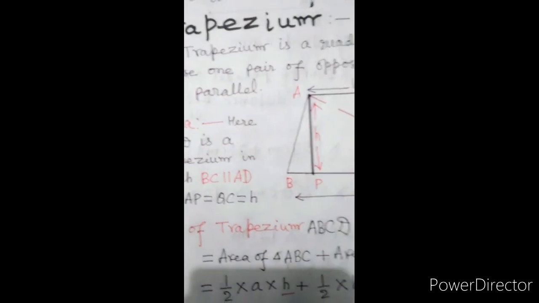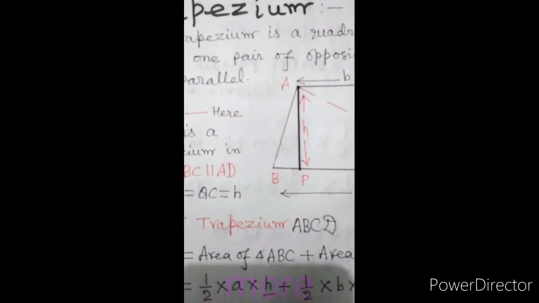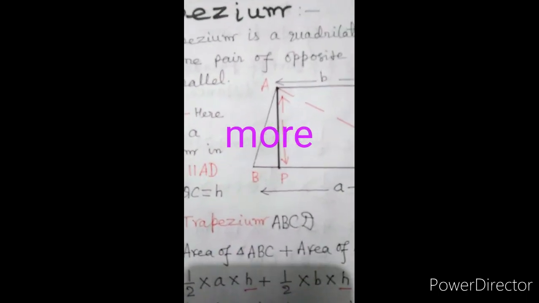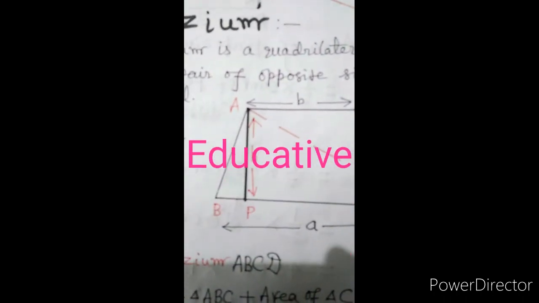Now area of trapezium ABCD. We have to calculate this part, area of ABCD. Here we observe, here are two triangles, triangle ABC and triangle CDA, in which AP is perpendicular.